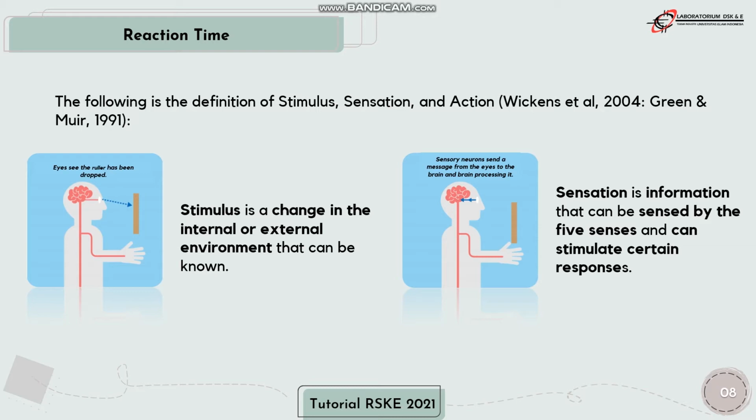The stimulus is captured by the five senses, which, as we know, humans have five senses, right? They are: eyes for sight, ear for hearing, nose for smell, tongue for taste, and skin for touch.